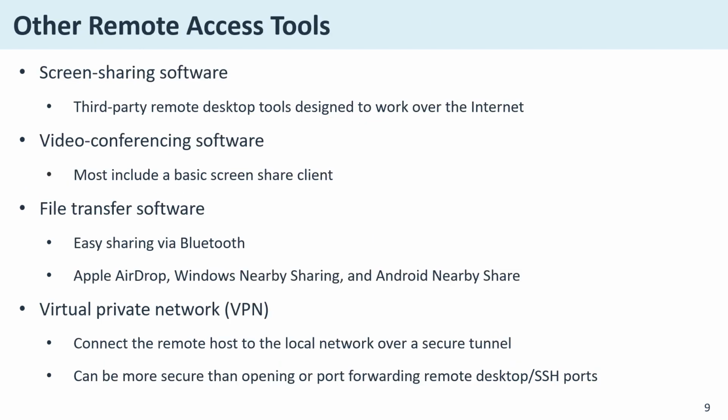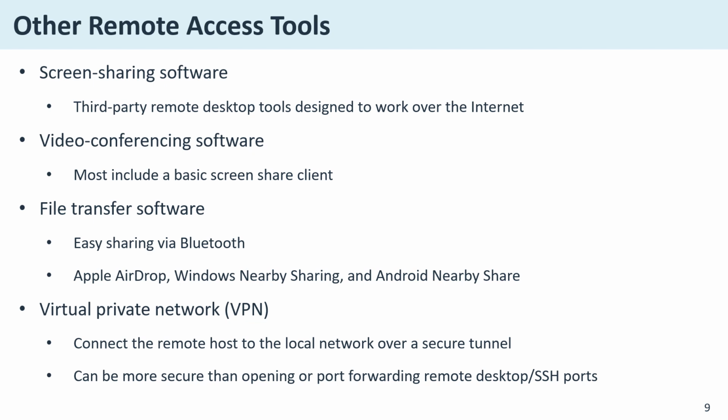As we just mentioned, there are other remote access tools like screen sharing software. There's third-party remote desktop tools designed to work over the internet. Video conferencing software. Most include a basic screen share and client. Nowadays, one of the most popular video conference tools is Microsoft Teams, but there are others, like Zoom, for example, another popular one.